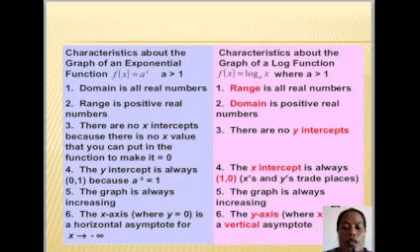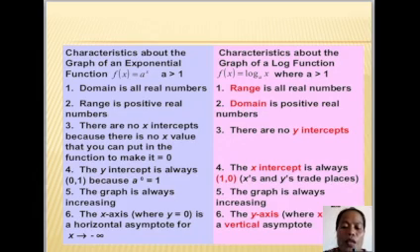Now we have characteristics about the graph of an exponential function. We have f of x is equal to a to the power of x, where a is greater than 1. Number 1, the domain is all real numbers. Number 2, the range is positive real numbers. Number 3, there are no x-intercepts because there is no x value that you can put in the function to make it equal to 0.